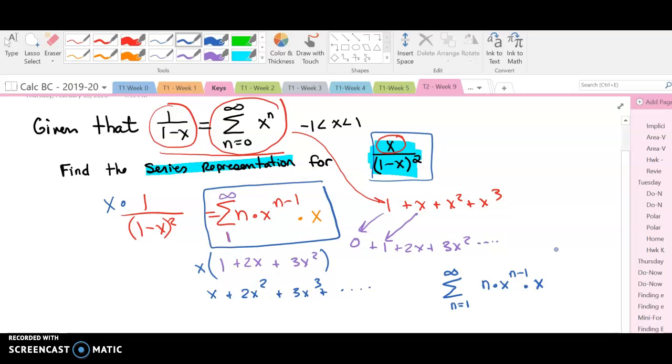Well, that's really equal to, when I add my exponents, this is to the 1 power, so I have x to the n minus 1 plus 1. Well, those just cancel out, and I'm left with n times x to the n. That is the series representation for what you see here.